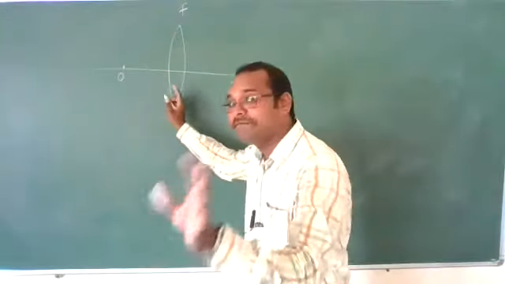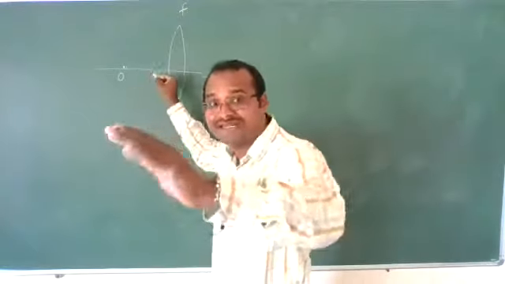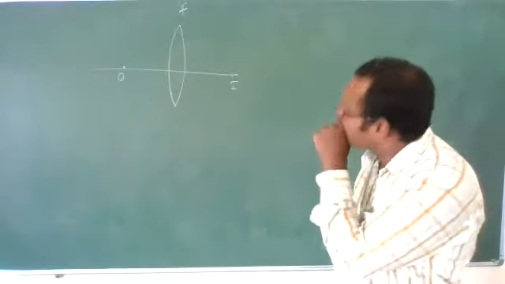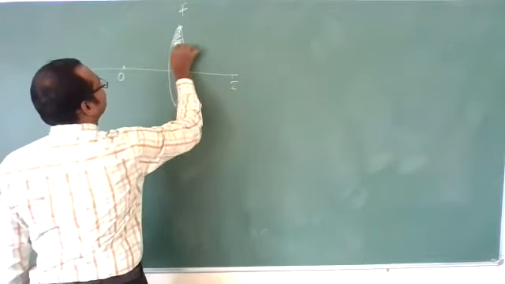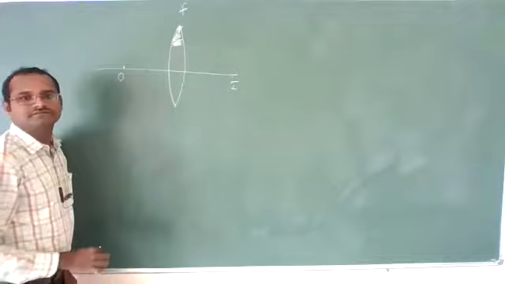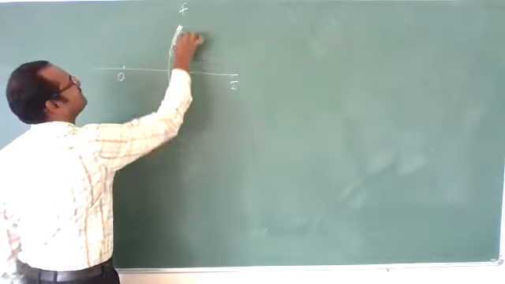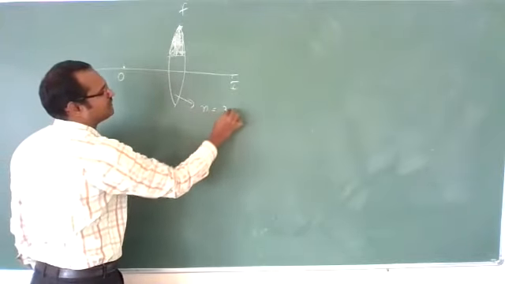Because I am not mentioning it as a lens displacement method, and the object distance is not greater than 4f, only one image will form. Now, if I make somewhat different medium of this refractive index, this part of the lens is of a different medium. This is of glass, n is equal to 3 by 2.